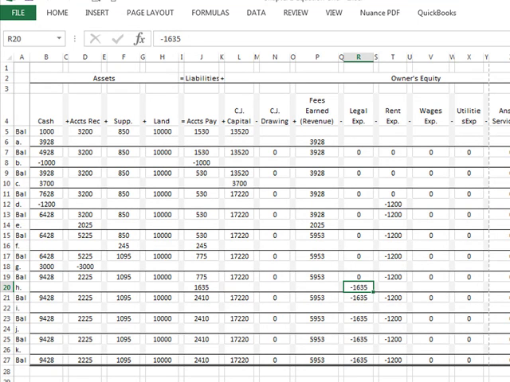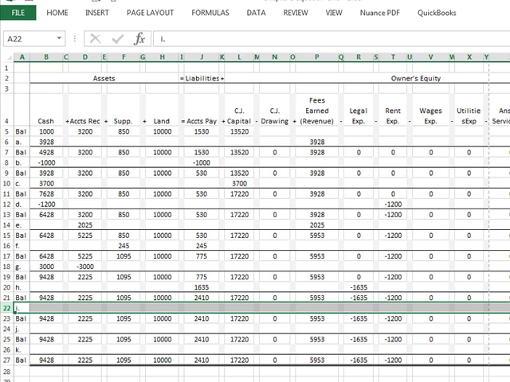Remember, we're entering this as a negative because it decreases owner's equity. Notice the minus sign here. You want to bring down the balances of all the accounts that you did not use in this transaction. And then we're going to record transaction I.